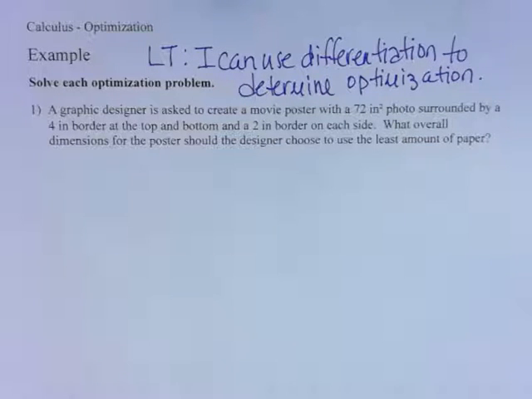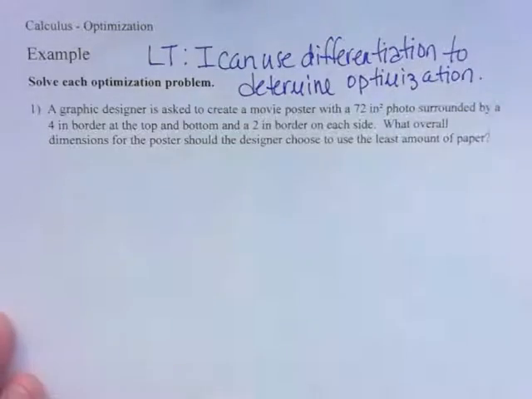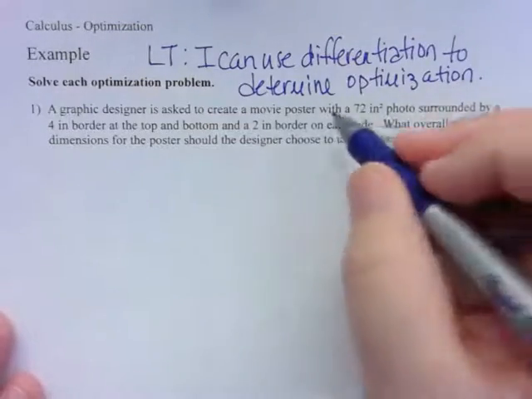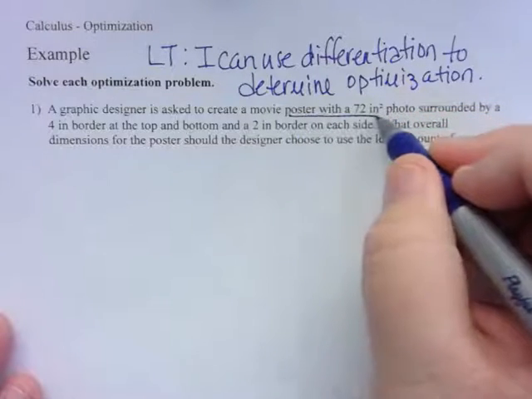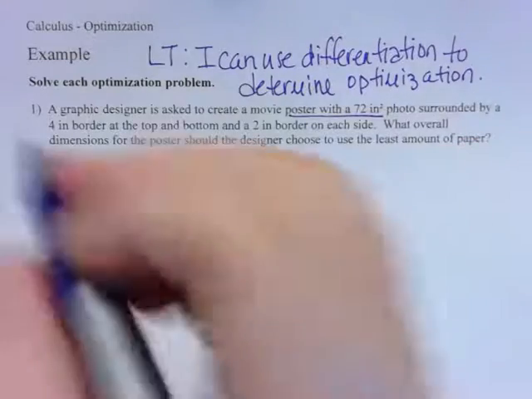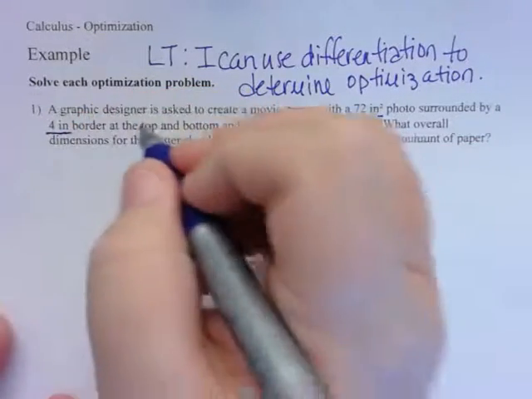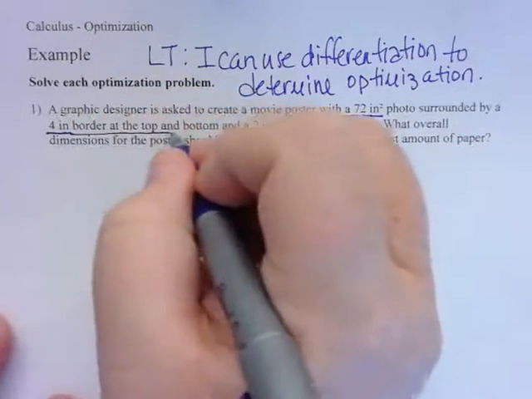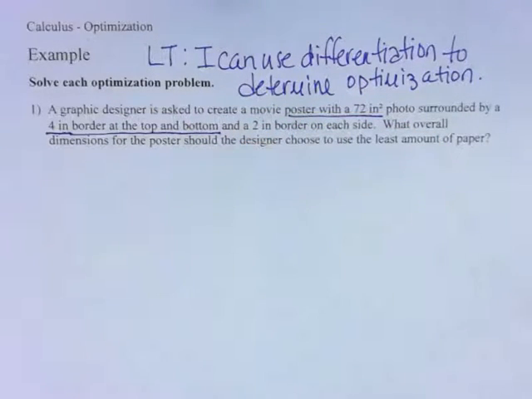You can see the problem, so I'm not going to read the whole problem to you, but I am going to annotate the important pieces. So we're making a poster, and the poster has a 72-inch squared photo surrounded by a border, and the border is 4 inches at the top and the bottom, and the border is 2 inches on both sides.